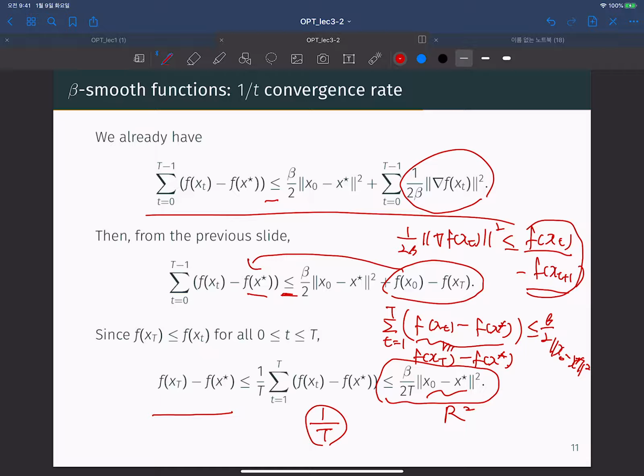Then the convergence rate becomes 1/capital T. So 1/capital T is much better than 1/square root of T. Okay. So the beta smooth property is very important, and with the beta smooth property we can speed up the convergence.